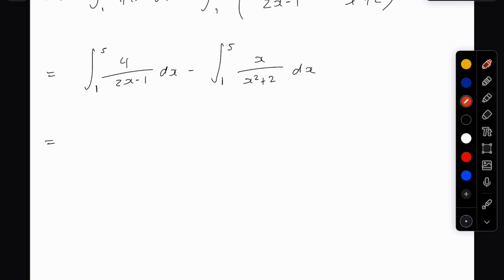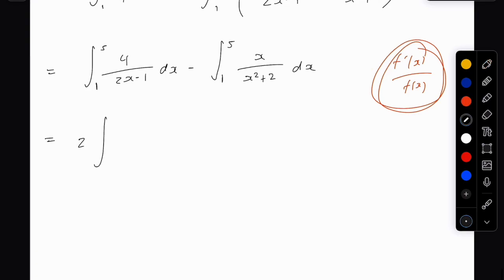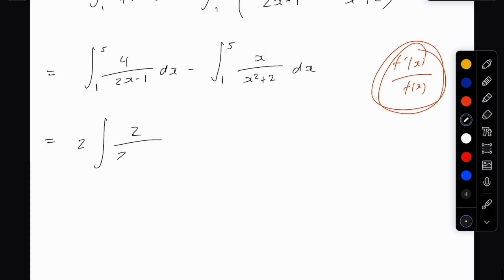Well, knowing that we want to get in the form f dash of x over f of x, what can I do to this? Well, I can take a 2 out here and put a 2 up here, because 2 times 2 gives me 4. Boom, so we got that.